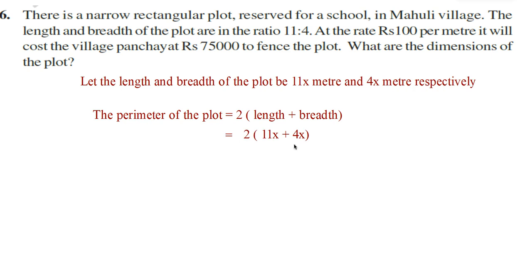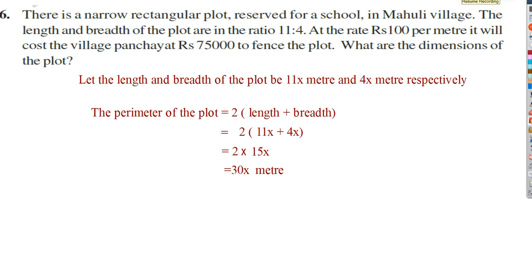That is 2 into 11x plus 4x. What is 11x plus 4x? Yes, it is 15x. So you can write 2 into 15x, which is equal to 30x meter. That is the perimeter of the plot.